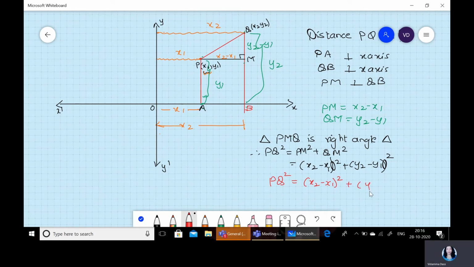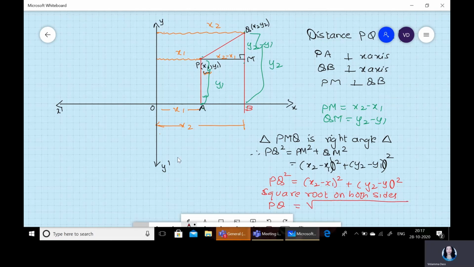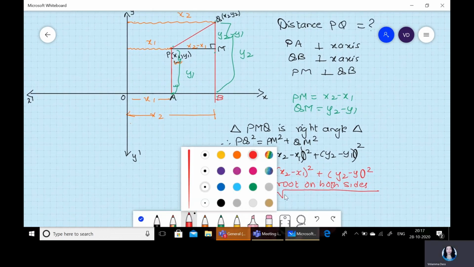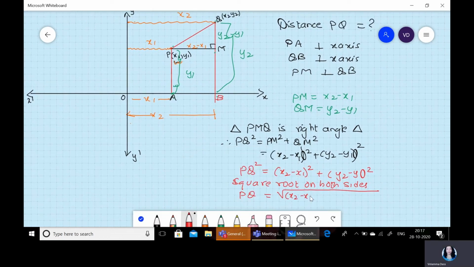We are taking the square root on both sides. When you take the square root on both sides, the square and the root cancel on the left, and here we will get the whole root of (x2 minus x1) the whole square plus (y2 minus y1) the whole square.